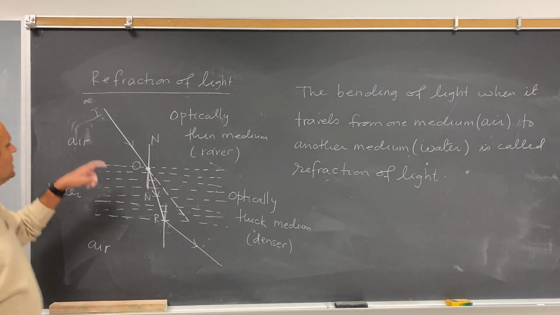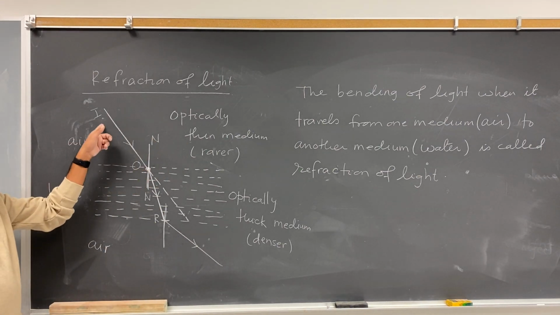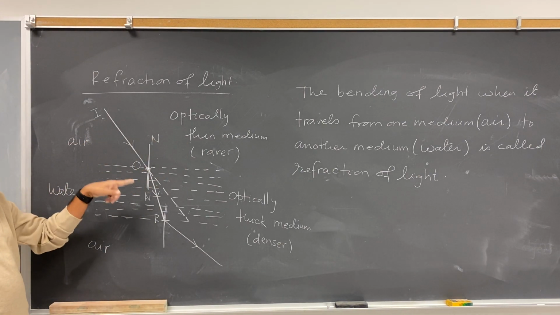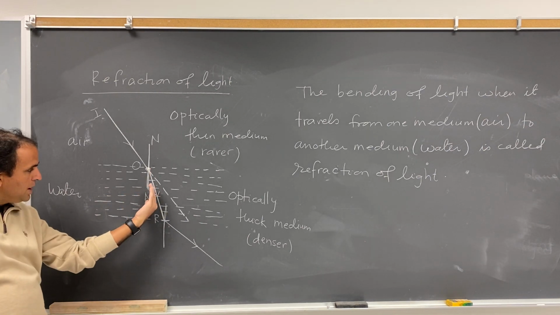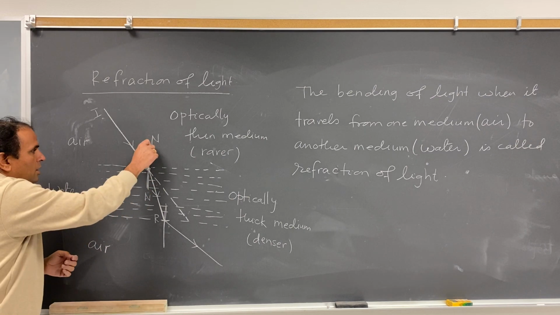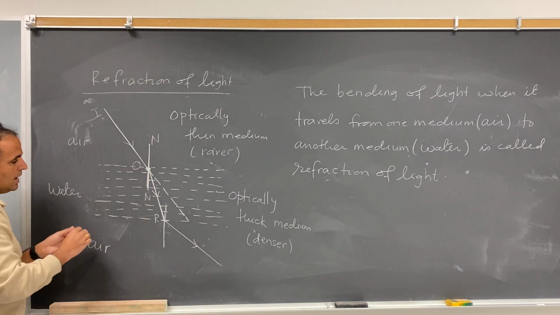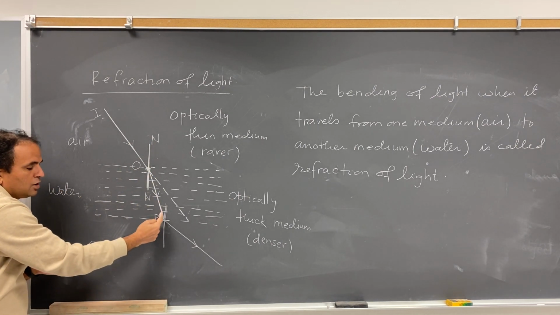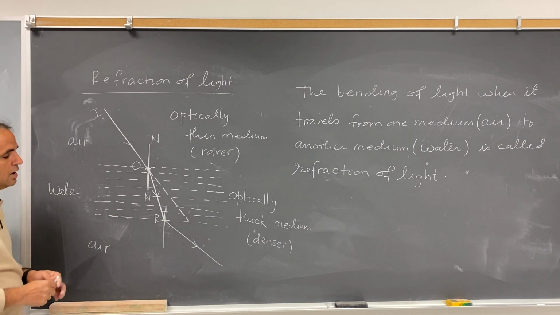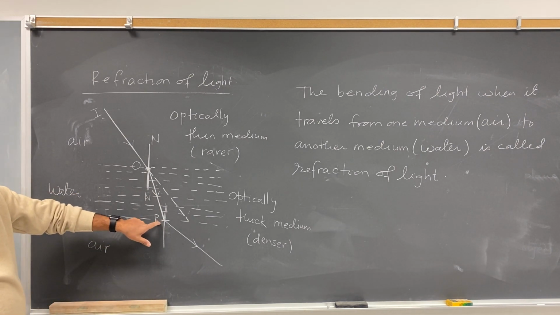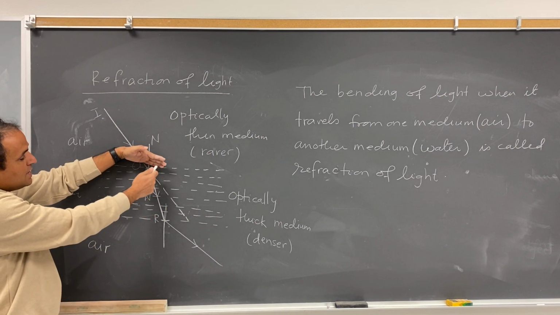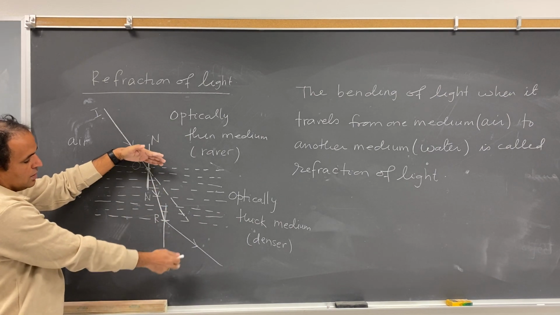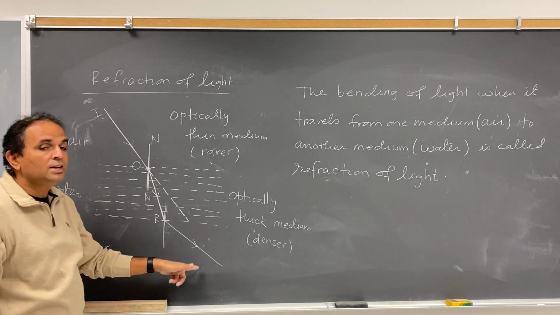Now look at this. In this case, first right here, light travels from optically thin medium to optically thick medium. In this case, the ray of light bends toward the normal. Look, this is the normal, and this ray comes towards the normal. Now in the second case, consider this OR traveling from optically thick medium, water, to air, optically thin medium.